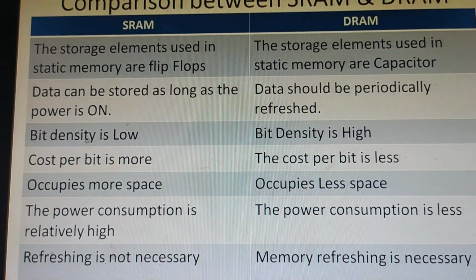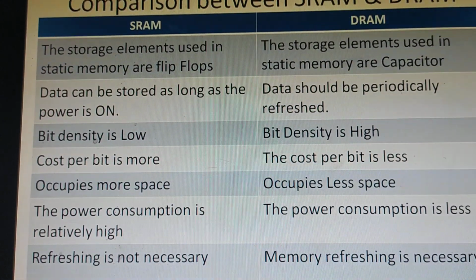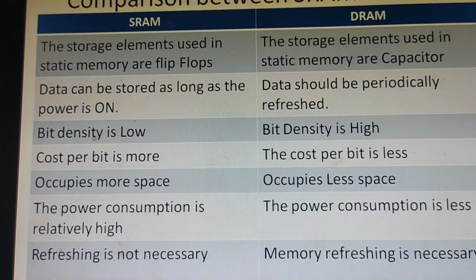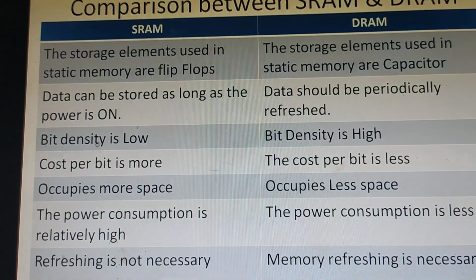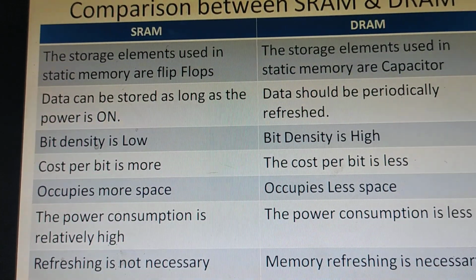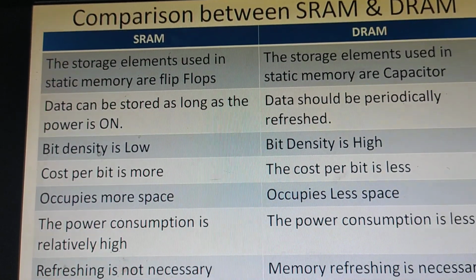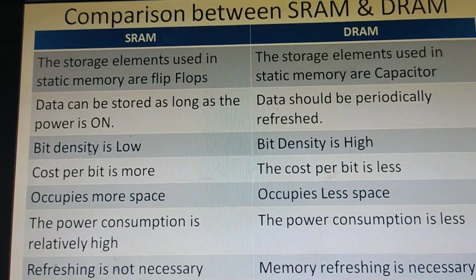Since SRAM requires a simple flip-flop, the design is simple. One flip-flop stores one bit of data, and thousands of millions of flip-flops are arranged next to each other to store a large amount of data. But since the flip-flop design is simple, the SRAM design is simple.